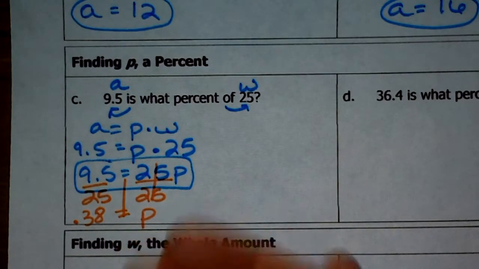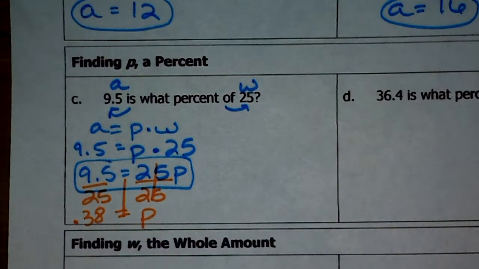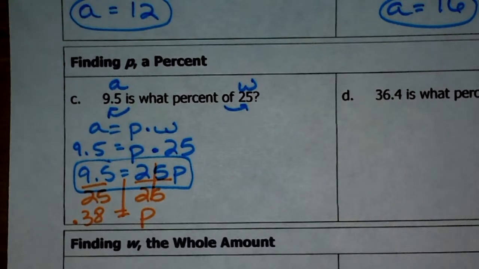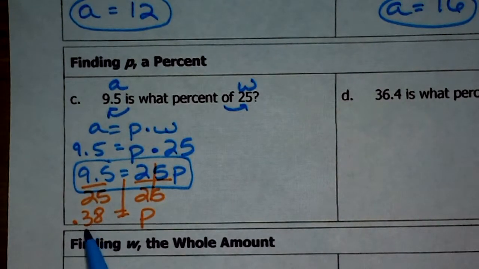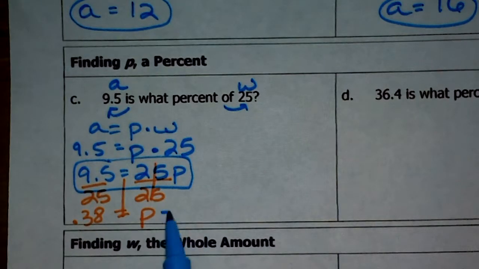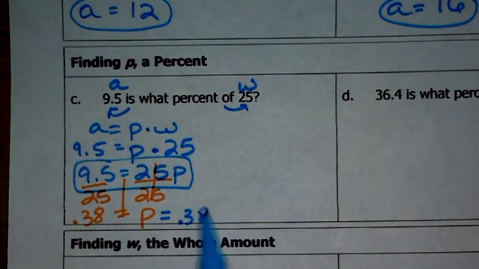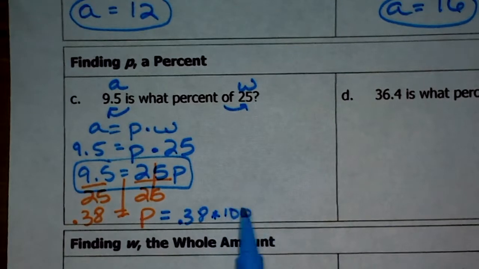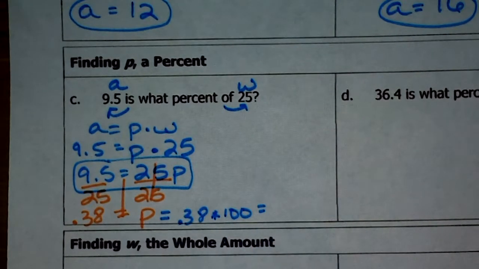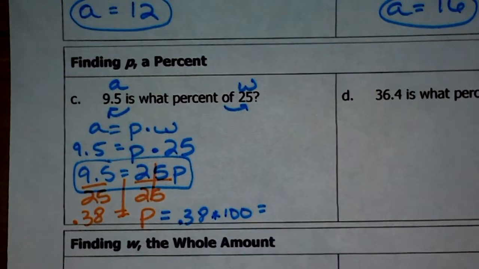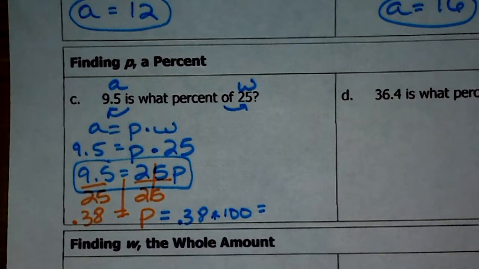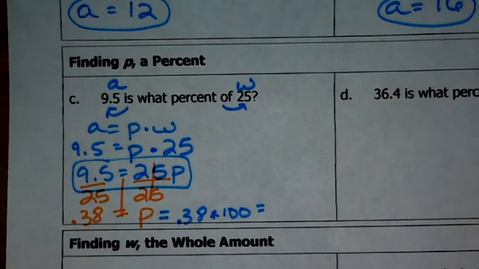When I'm trying to get the percent out of the equation, I want to do the opposite. So instead of dividing by 100, I need to take my solution and multiply it by 100. So P is actually equal to the decimal you got multiplied by 100. Whenever you solve for the percent, you need to multiply by 100 at the end so that you can change it into the percent that it is.